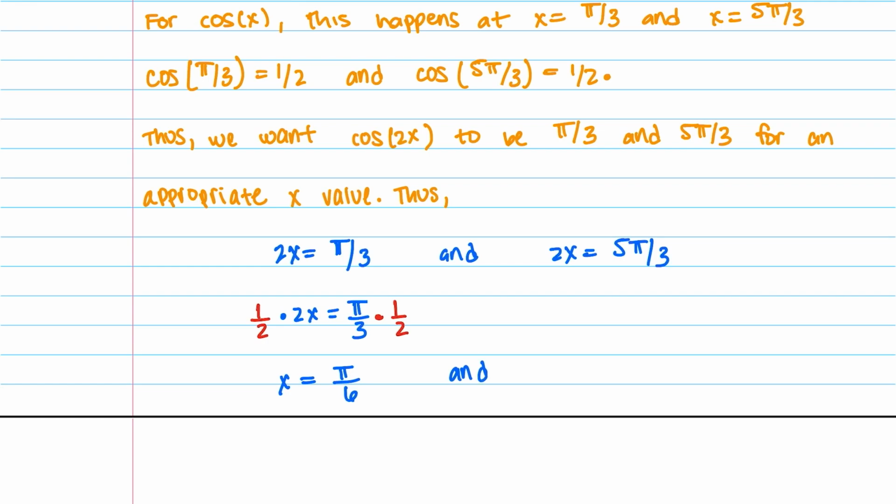And so for our second solution, which is 2x is equal to 5 pi over 3, we'll multiply by 1/2 on both sides. And so we'll have 1/2 times 2x is equal to 5 pi over 3 times 1/2. And so on the left-hand side, all you'll be left with is x. And on the right-hand side, 5 pi over 3 times 1/2 is 5 pi over 6.